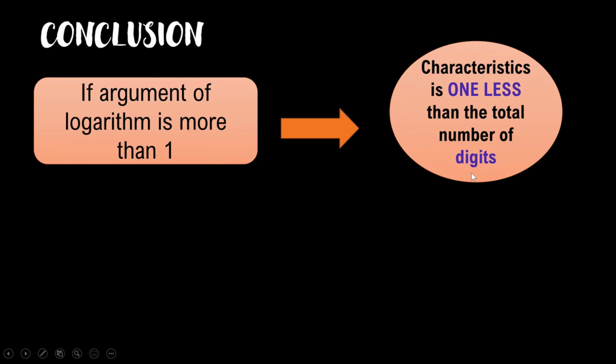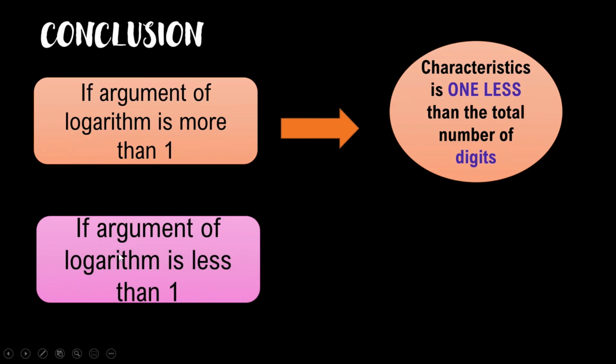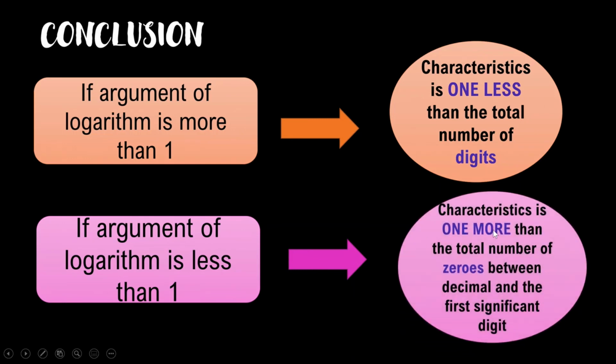So we have to check the number of digits, and based on it we can predict the characteristic. Similarly, if the argument of the logarithm is less than 1, then you can predict the characteristic as 1 more than the total number of zeros between the decimal and the first significant digit.